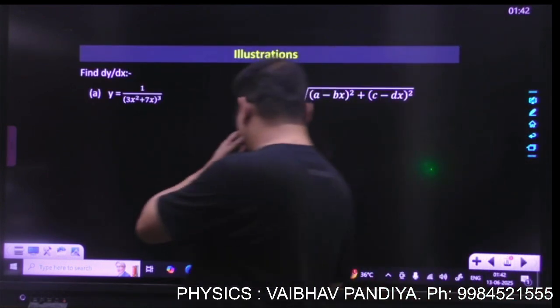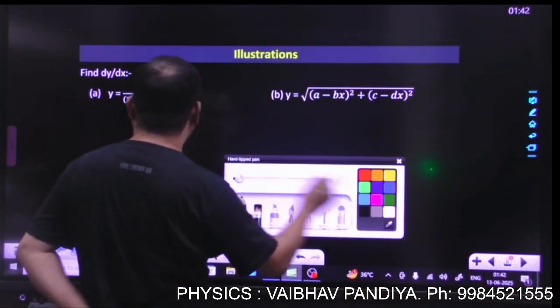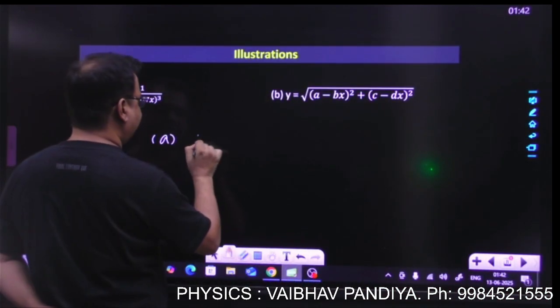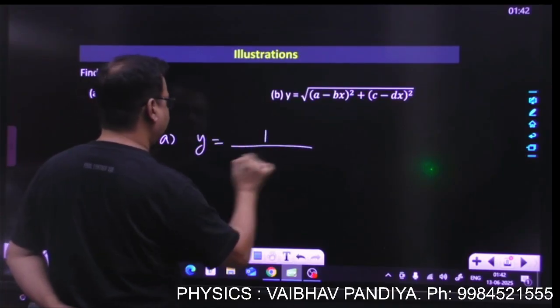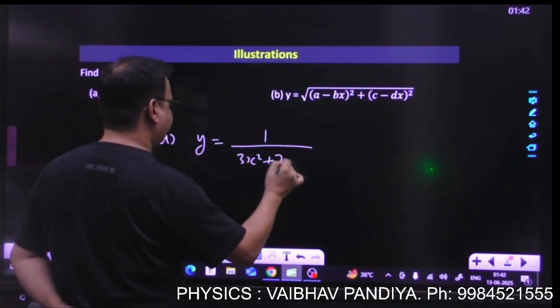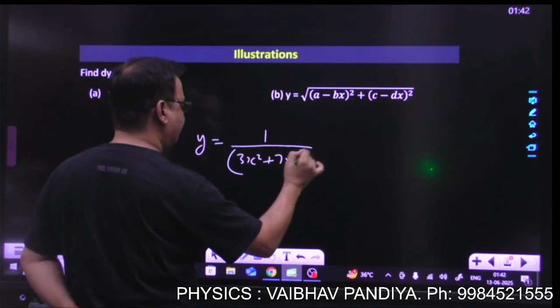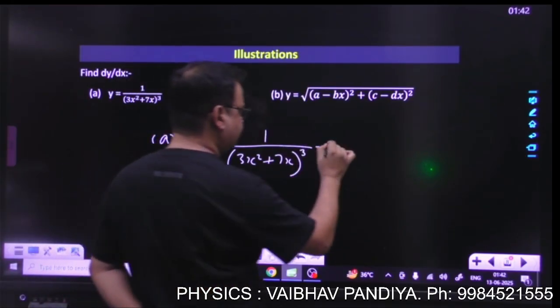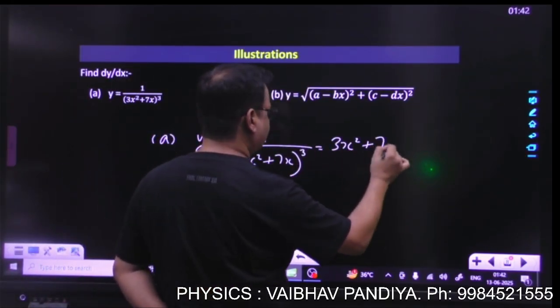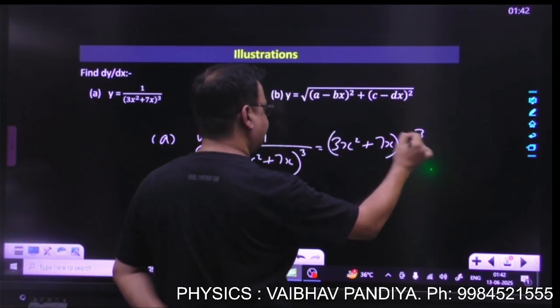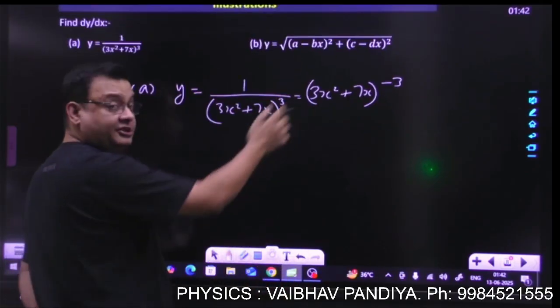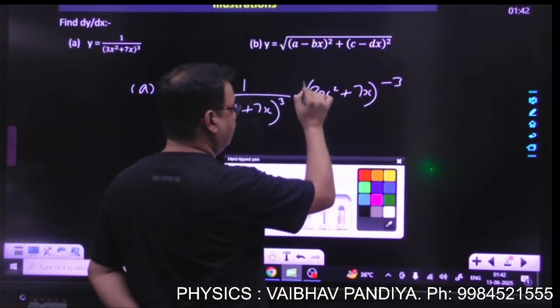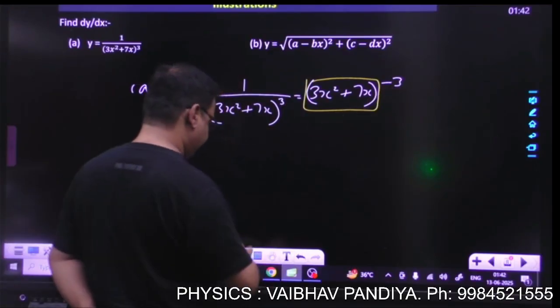Now let's see some more illustration. Say y is equal to 1 by 3x square plus 7x whole power 3. We can bring it in the numerator, so we'll get 3x square plus 7x to the power minus 3. So you get this function, something to some index.